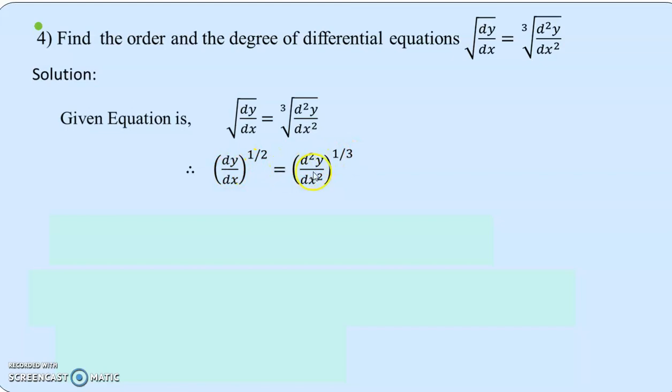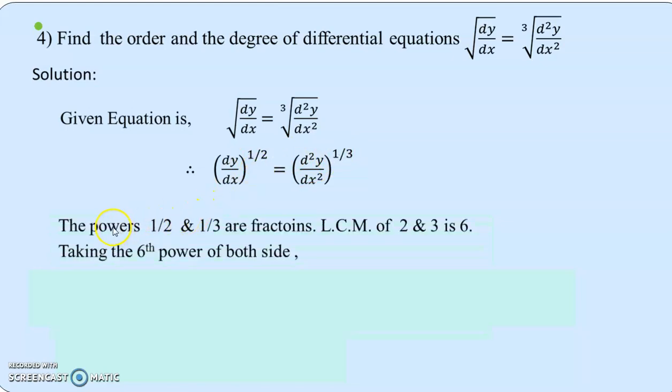Now in this differential equation, there is a fractional index, 1/2 and 1/3. To find the degree, we have to remove these fractional indices. The powers 1/2 and 1/3 are fractions, so take the LCM of 2 and 3, which is 6.